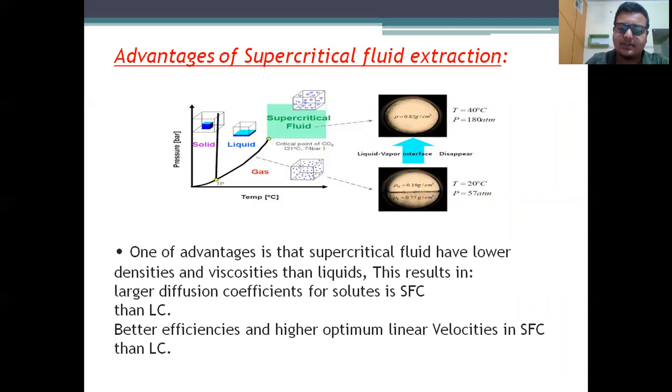So it has a larger diffusion coefficient than in liquid chromatography, and better efficiency and higher optimum linear velocities can be achieved in supercritical fluid extraction than in liquid chromatography.